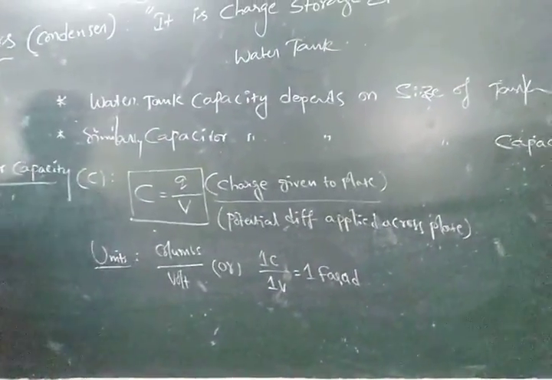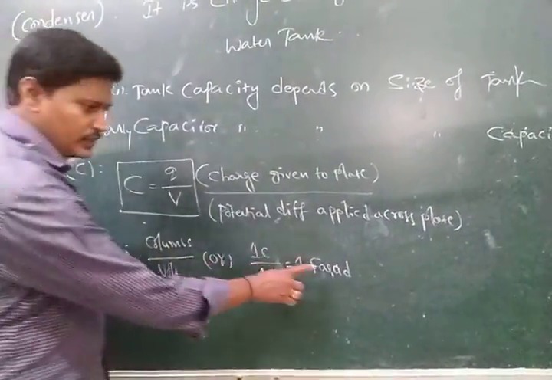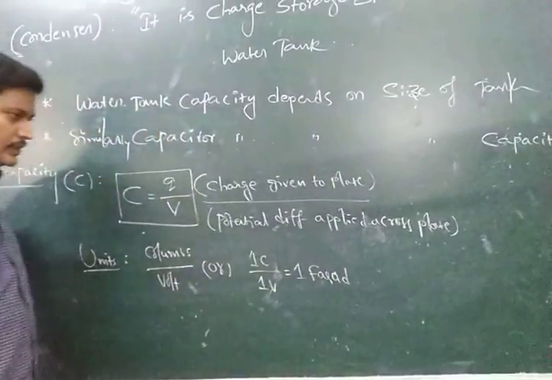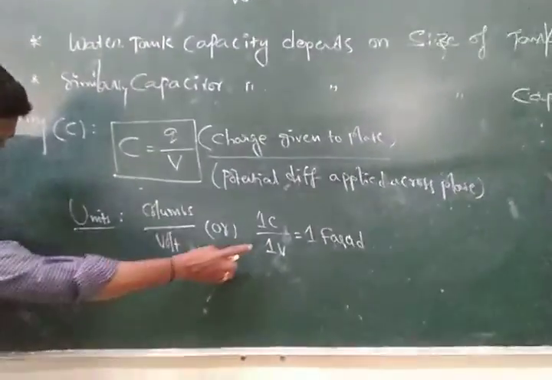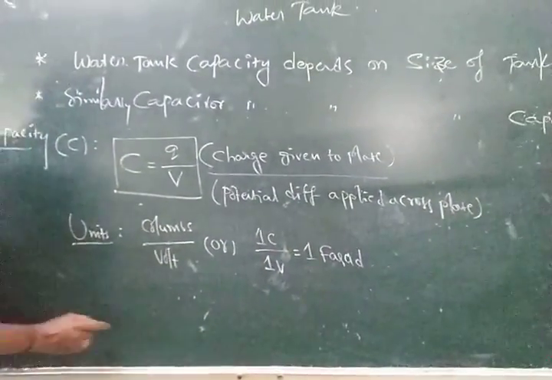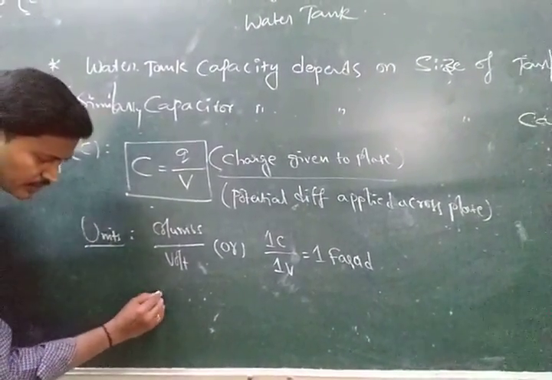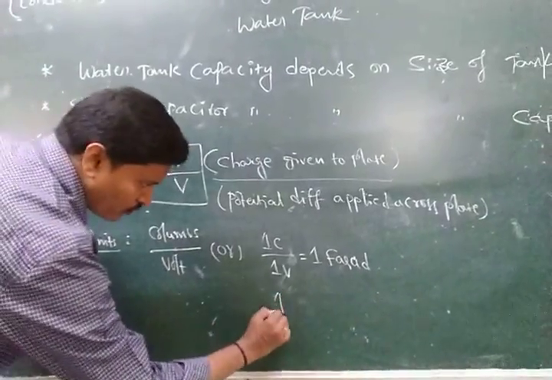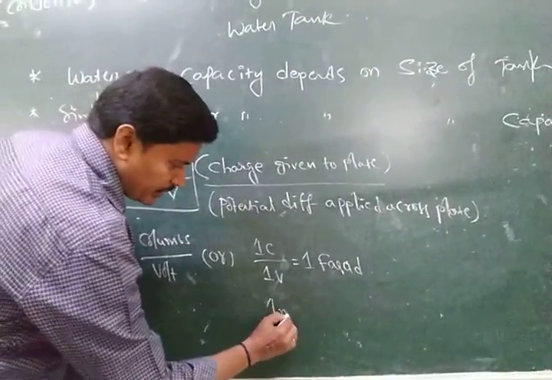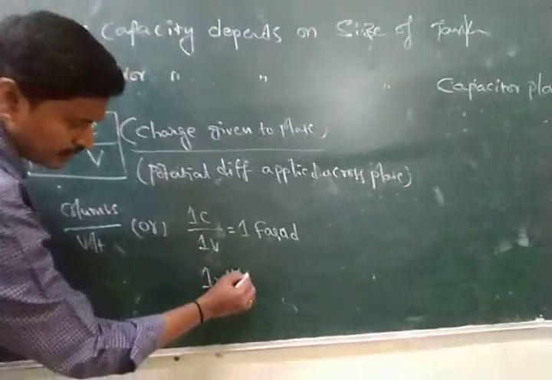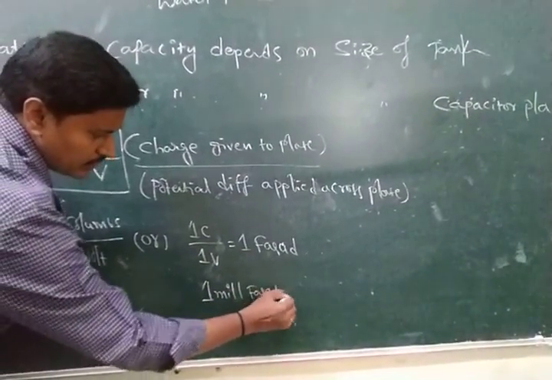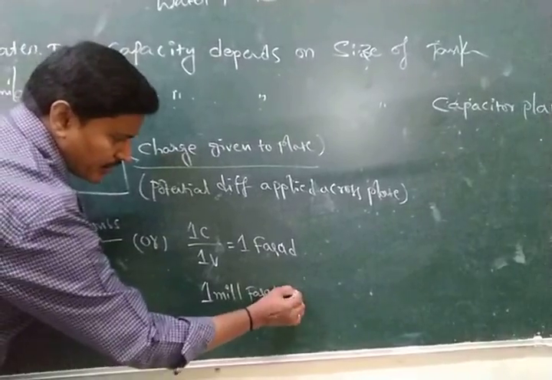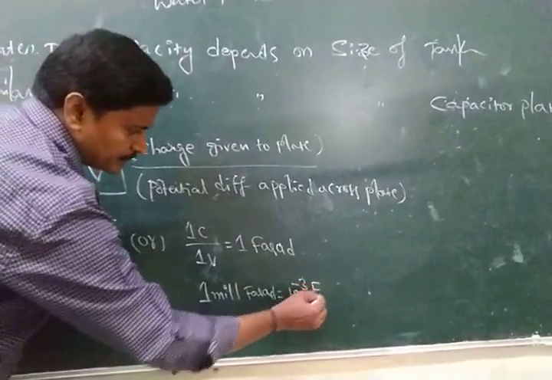Large capacity we can measure in farads, least capacity we can measure in millifarads or microfarads. 1 millifarad is equal to 10 power of minus 3 farad.